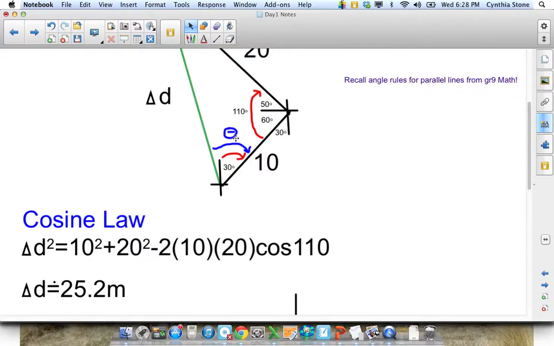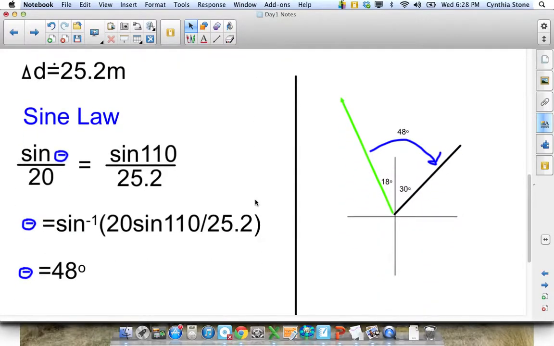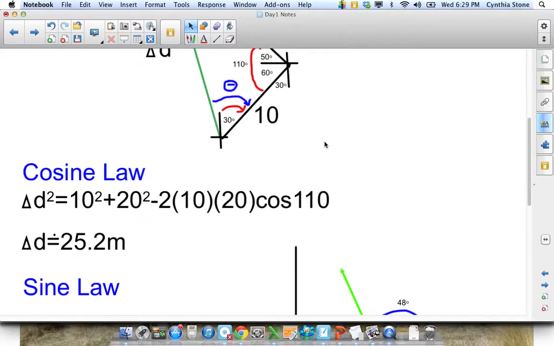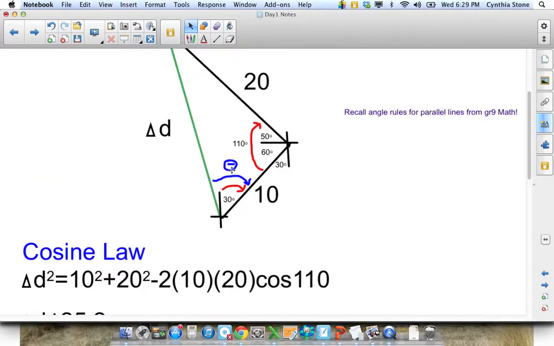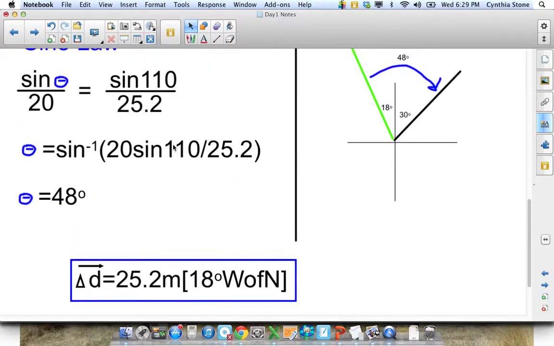The next part is to solve for the angle. And to solve for the angle, I use sine law, where I know that sine of this angle over 20 equals sine of 110 over delta d. That's where these numbers come from.